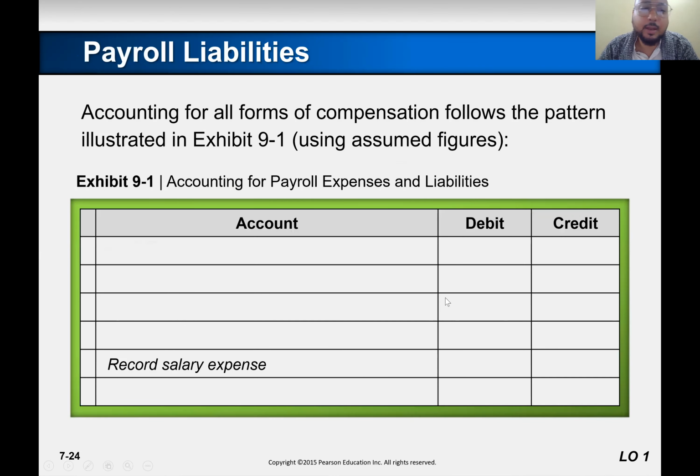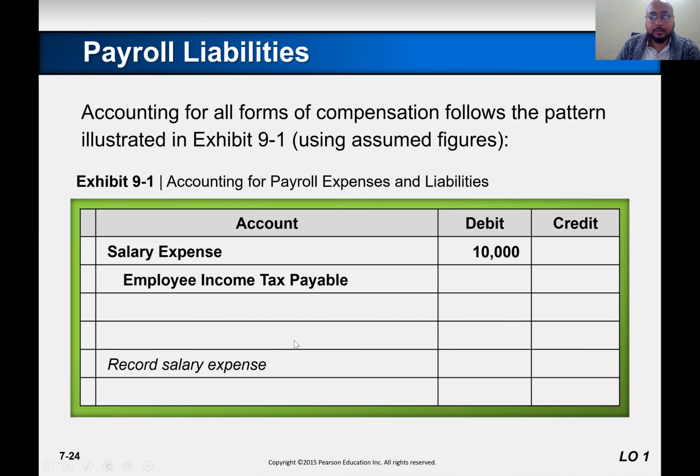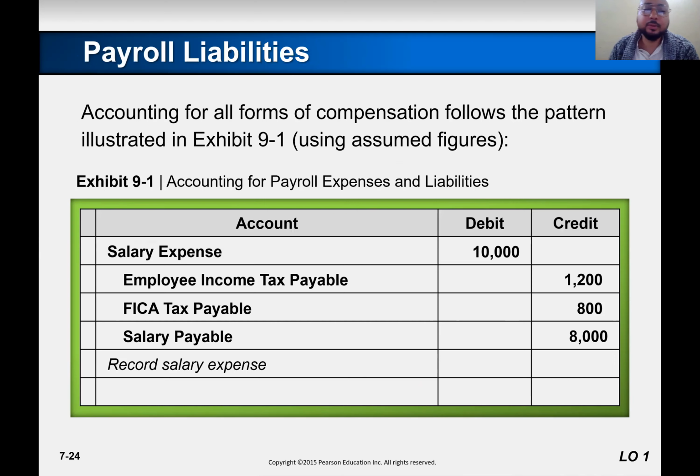Luckily, we have an example here. We don't have that illustration, but we do have the entry here, so we can also derive that. So this is the salary expense. Not all the salaries that are payable are paid to the employees. Some salaries you deducted for employee income tax, for the federal taxes, and then you pay salaries.